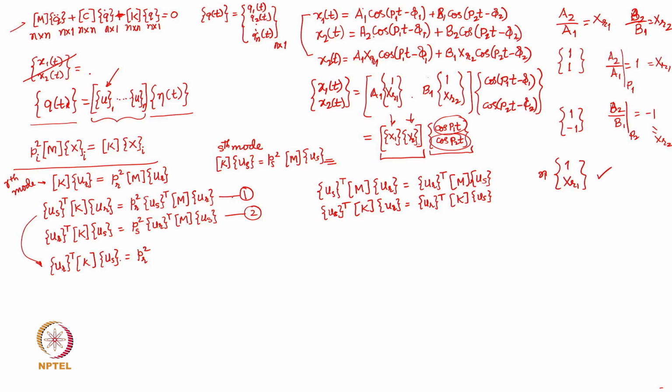I am writing this equation by invoking the relation that I have written here. This is equation number 3, which I get by substituting this relationship in equation number 1. Now, I will subtract 3 from 1.